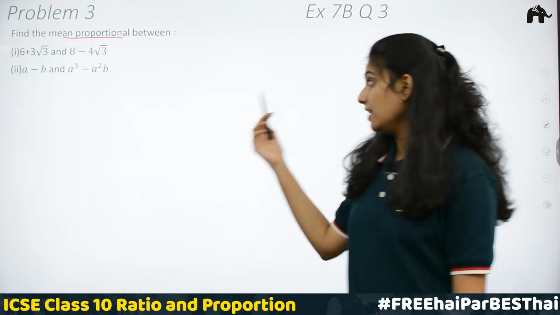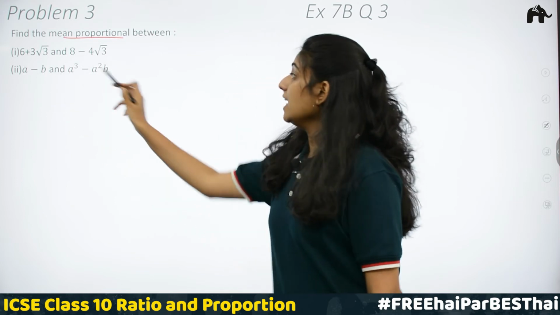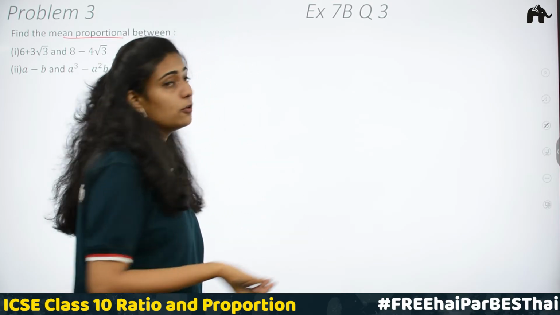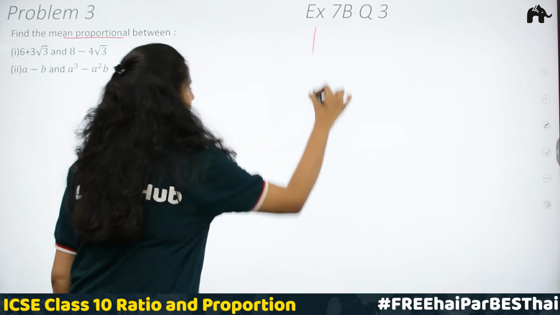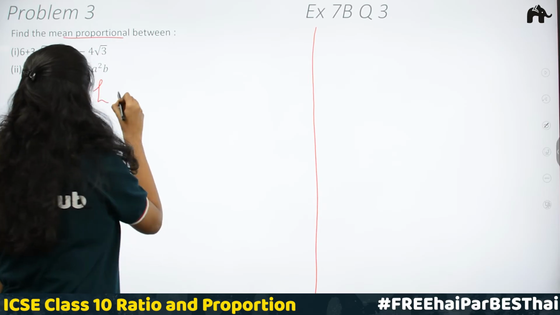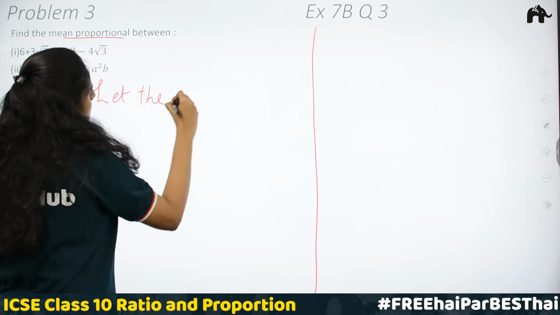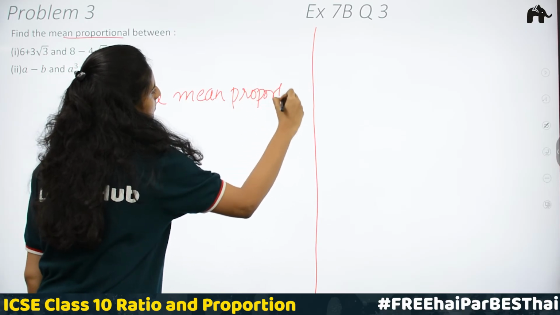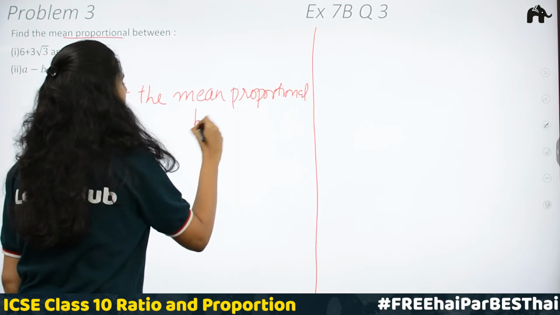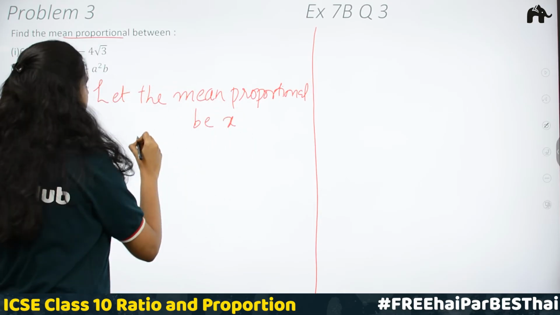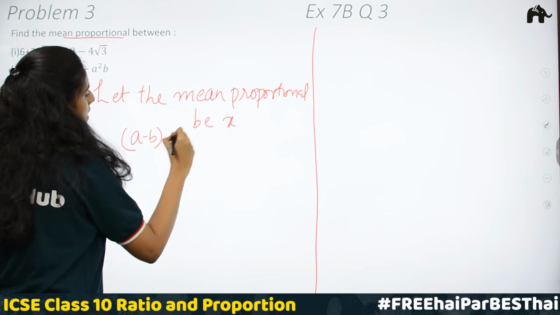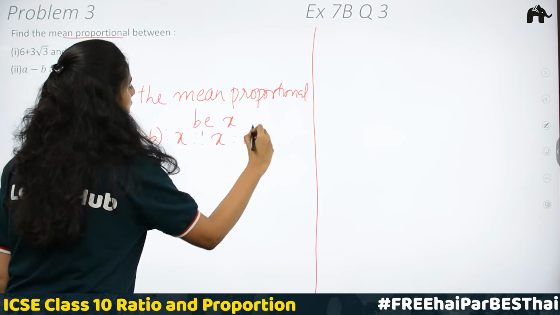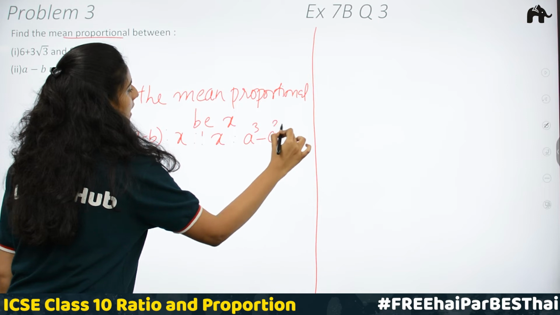Okay, now the second one, a minus b and a cube minus a square b. Here again we are taking the mean proportional as x. Let the mean proportional be x. This can be written as a minus b is to x as x is to a cube minus a square b.